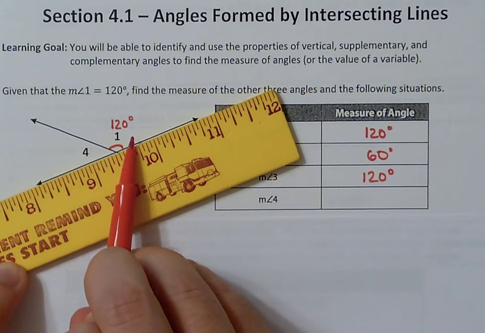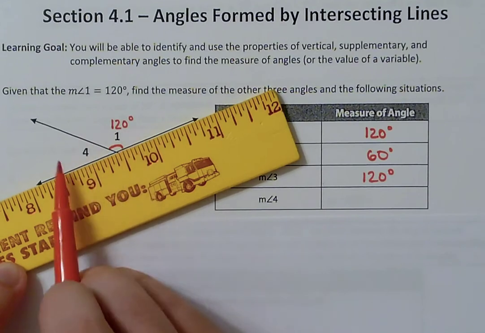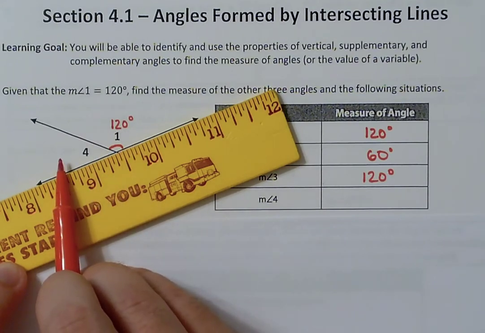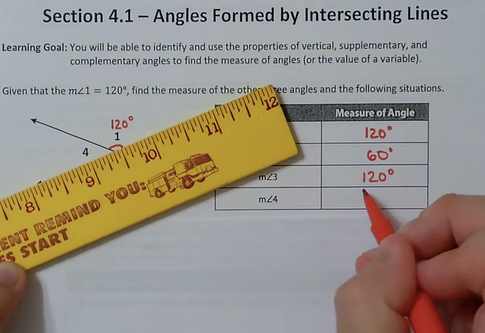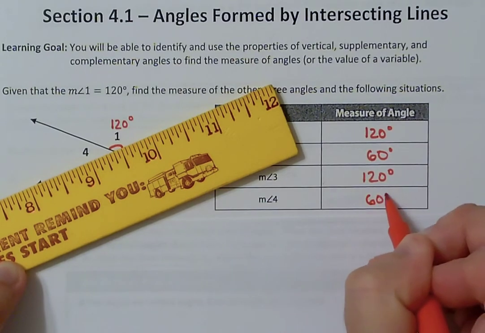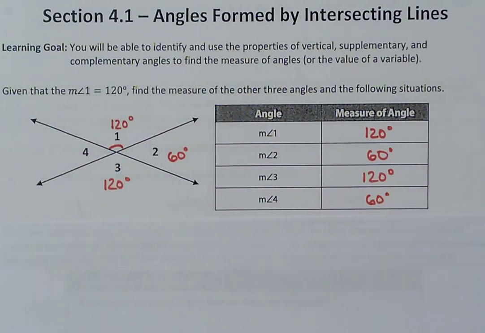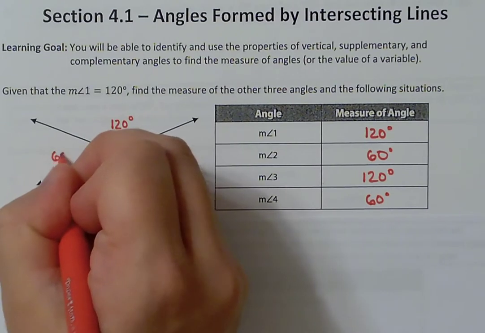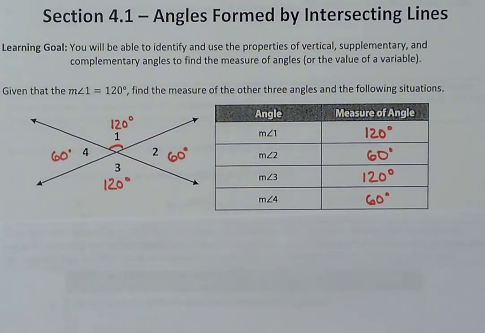If angle 1 is 120, 120 plus what equals 180? In this case, it's 60 degrees. So I know that angles 1 and 3 are 120, and that angles 2 and 4 are 60 degrees.